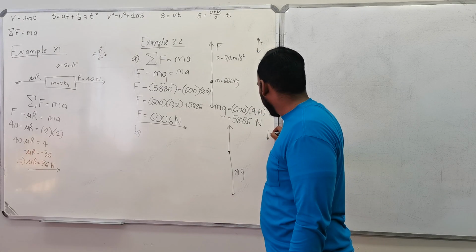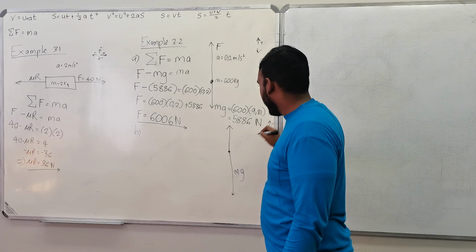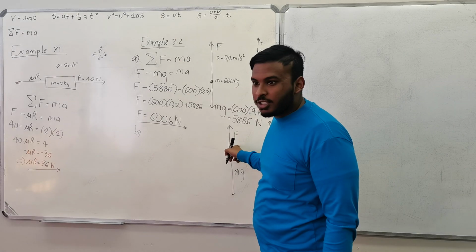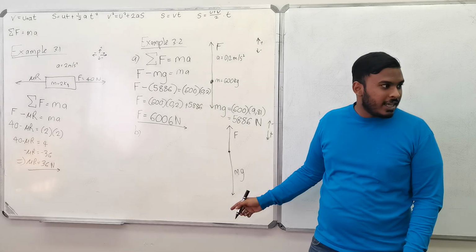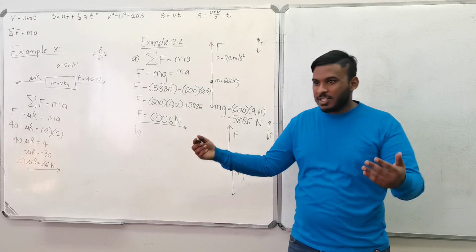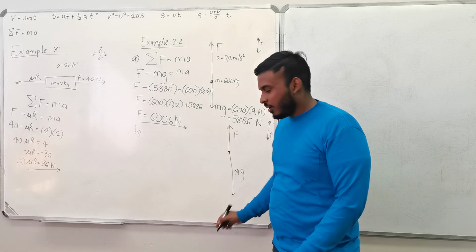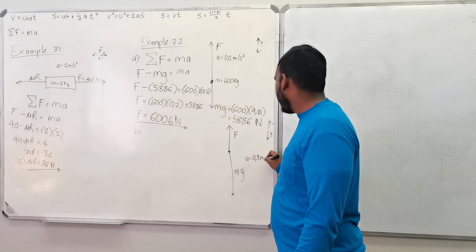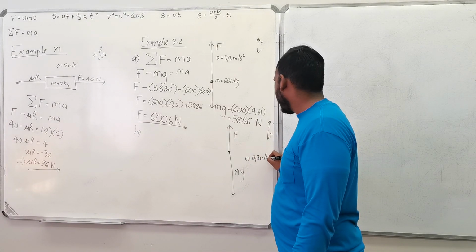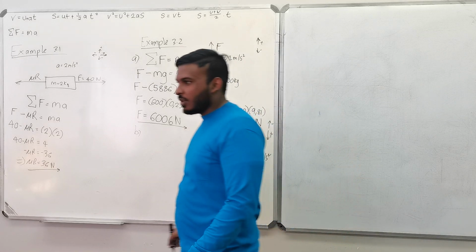So this is positive, that's negative. That tension force is now acting in the opposite direction, because this lift is now moving downwards. It's accelerating at 0.3 meters per second squared.